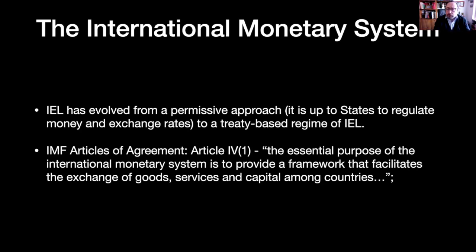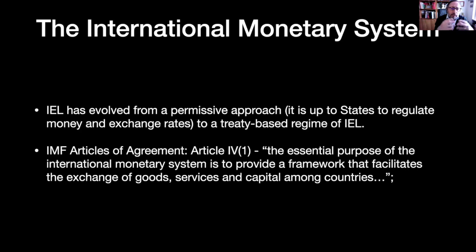And this is obviously something that plays into the agenda of the World Economic Order set up in the Bretton Woods Conference. And it's clear from Article 4, Paragraph 1 of the IMF Articles of Agreement, as you can see, that the goal of having this international monetary system is really to facilitate trade in goods, services, as well as the flow of capital as a factor of production.